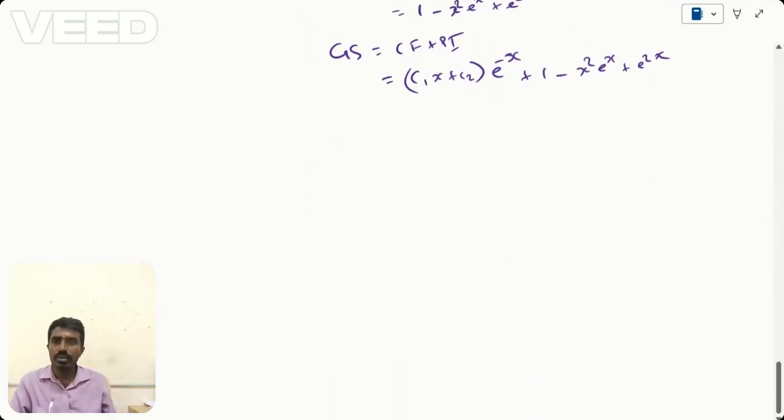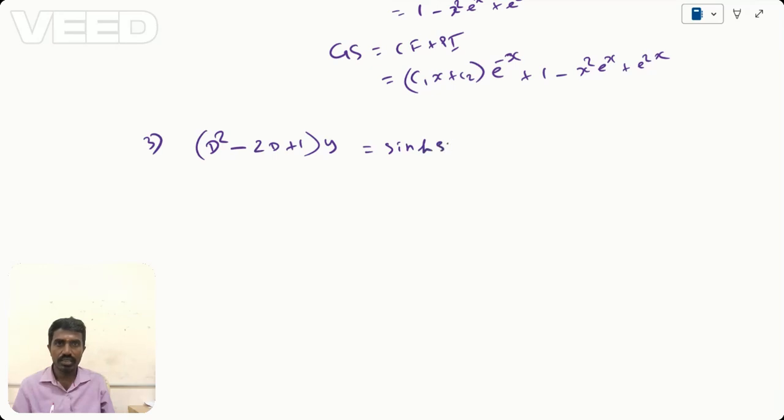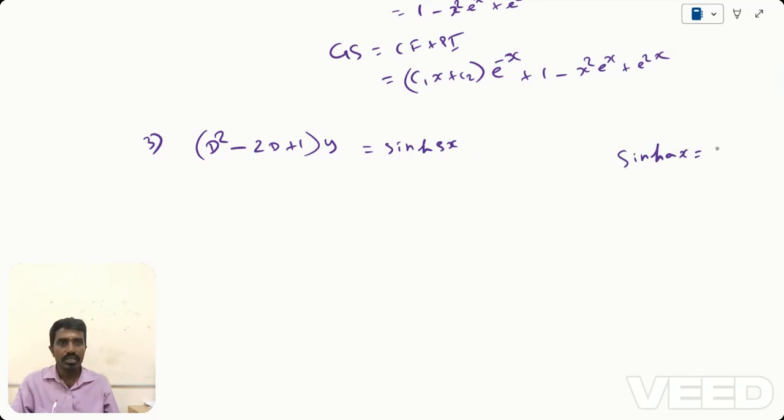Now consider the next problem. Problem number 3 is (D square minus 2D plus 1) of y equal to sinh 3x. So this is a hyperbolic function, sinh 3x. Sinh ax can be written as (e power ax minus e power minus ax) by 2.